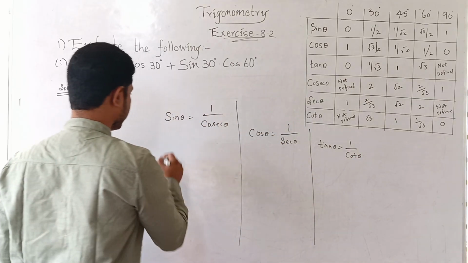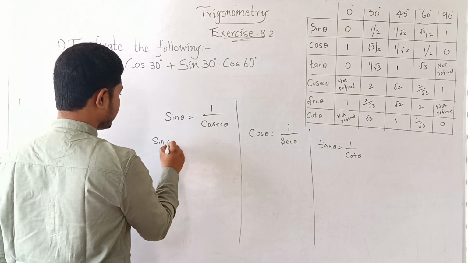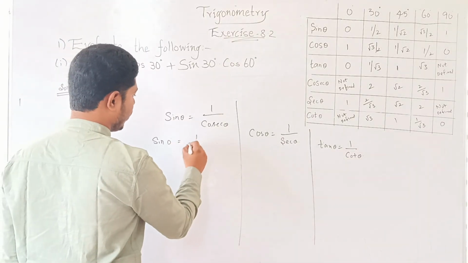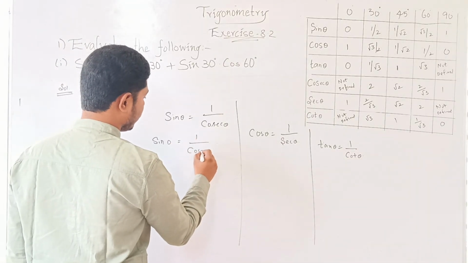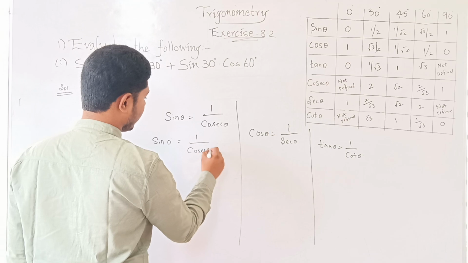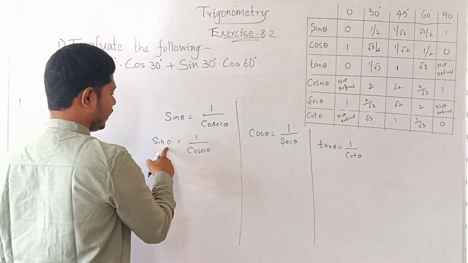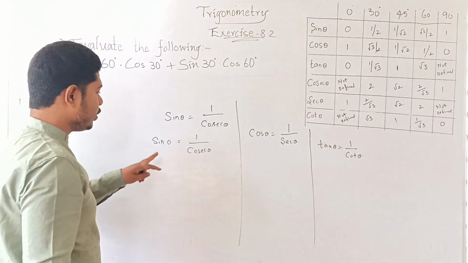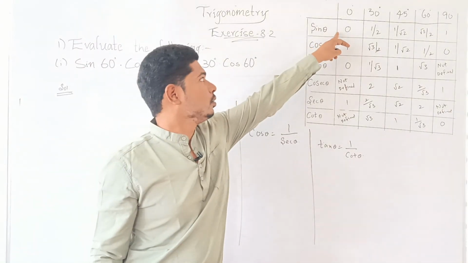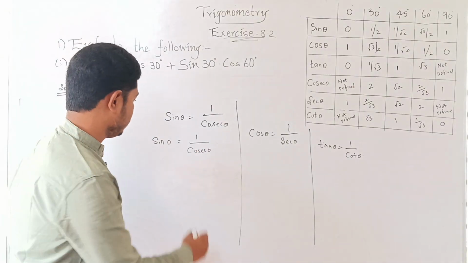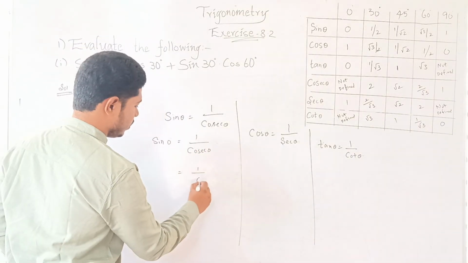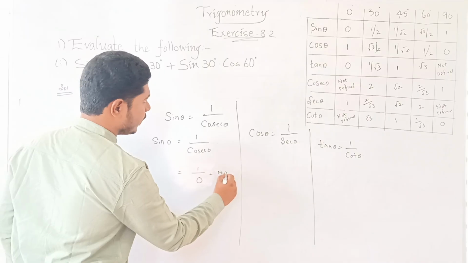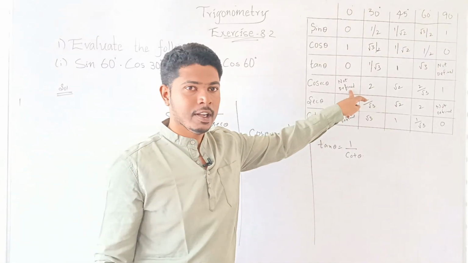Sine 0 is equal to 1 by cosecant theta. The value of sine 0 is 0, so cosecant 0 is 1 by 0, which is not defined.